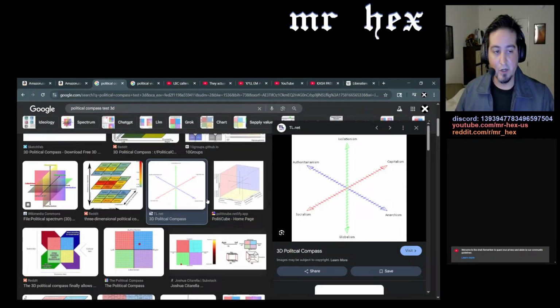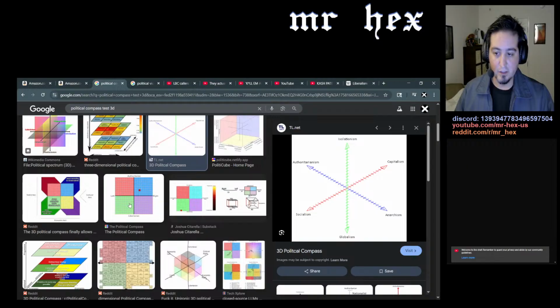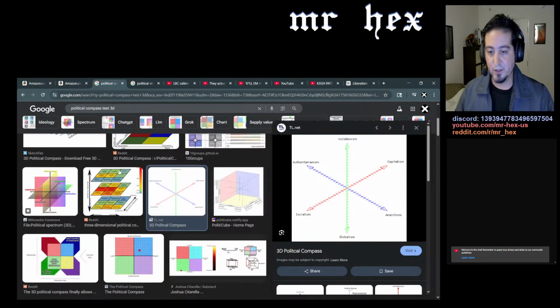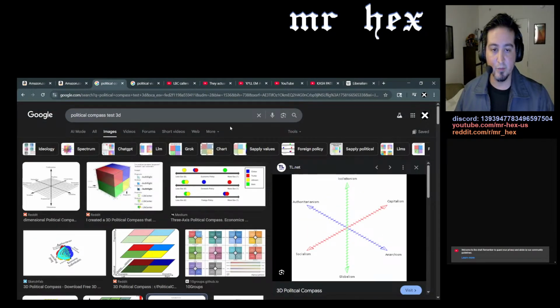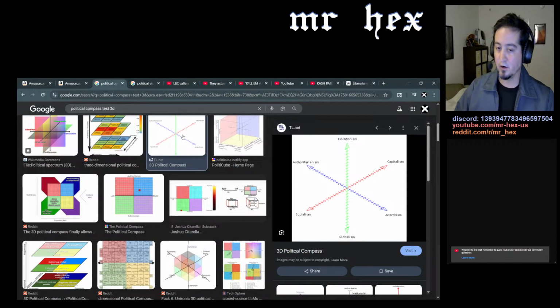You have different models of how to model politics, but the reality, and the hard part about making a political compass, is that there are as many dimensions to your political compass, essentially, as there are different kinds of political opinions you can have on different topics.